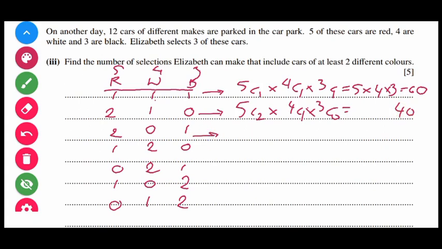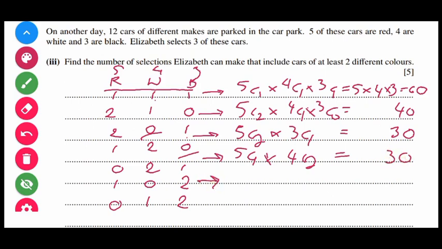Similarly, this one, which is 5C2 into the 0 part, no need to write, so 3C1. So 5C2 is 10 into 3, 30. Now this part, 5C1 into 4C2. The 0 part you can avoid because that gives 1. 5C1 is 5, 4C2 is 6, 5 into 6, 30.